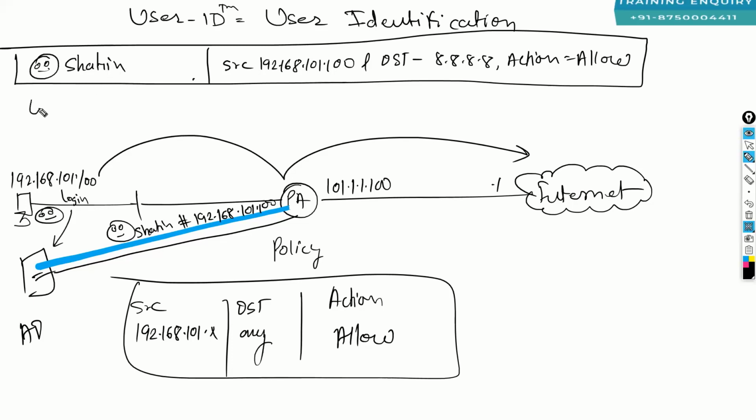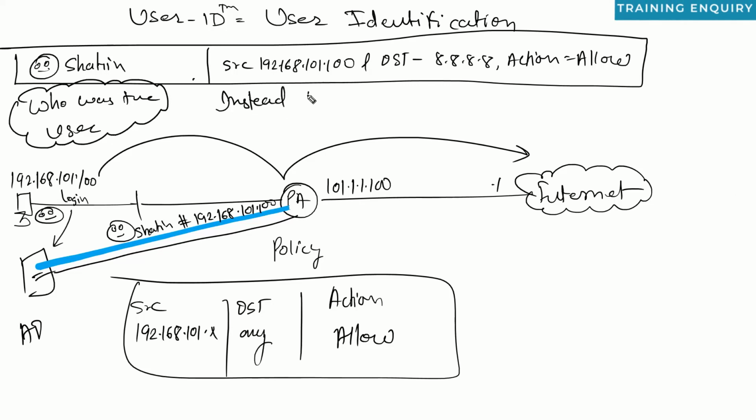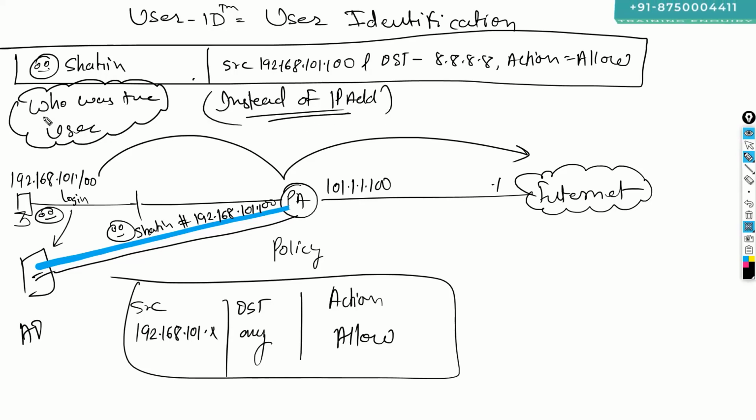We have achieved actually knowing who the user was, instead of the IP address. Instead of IP, we will get actually who the user was here.